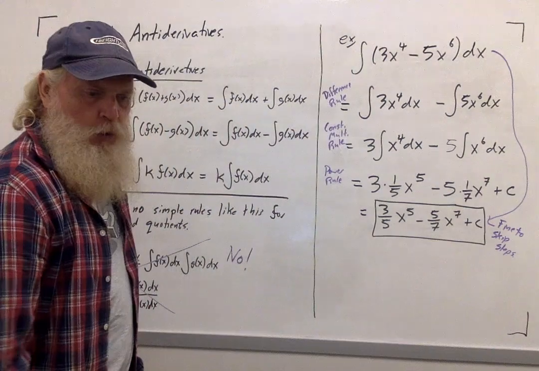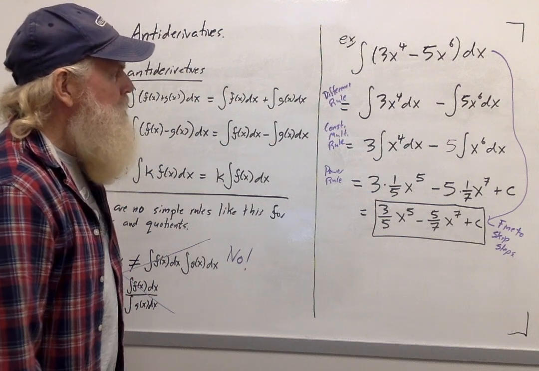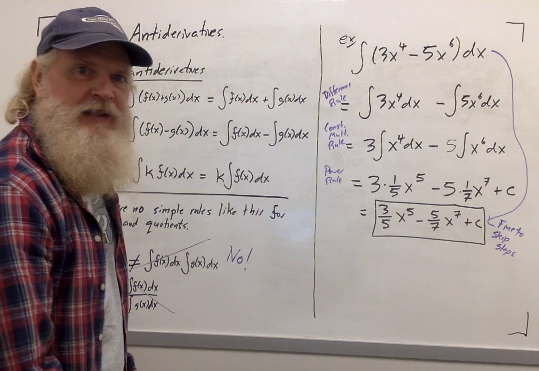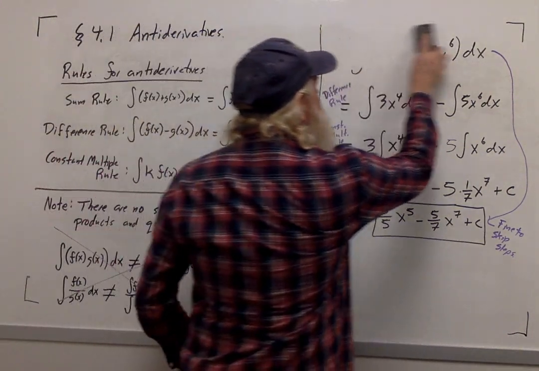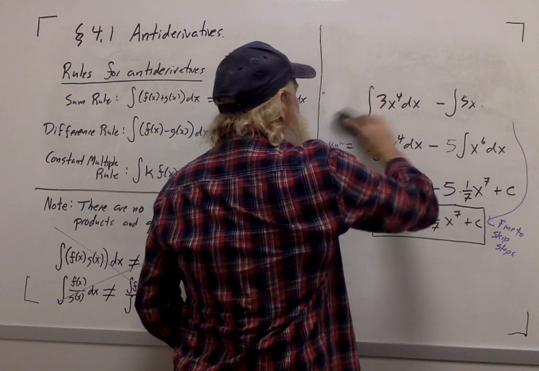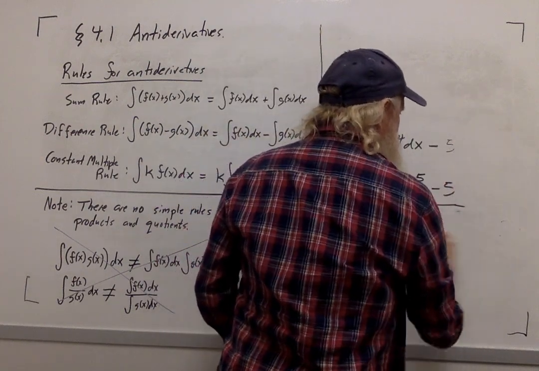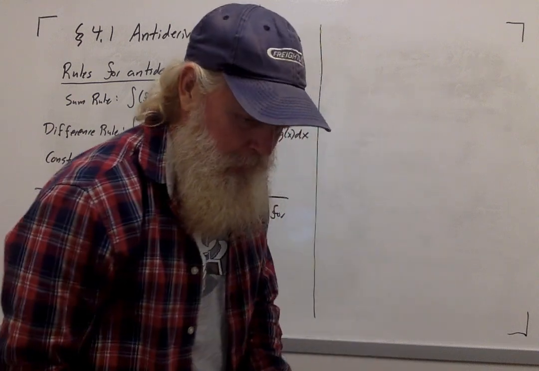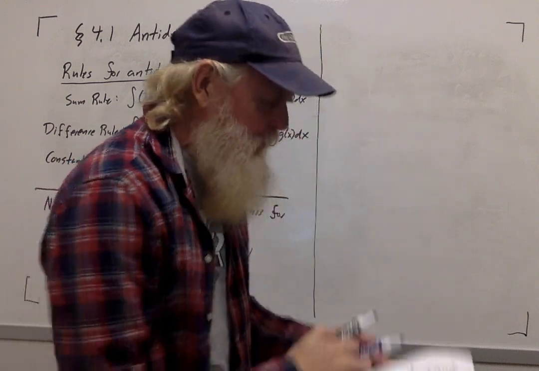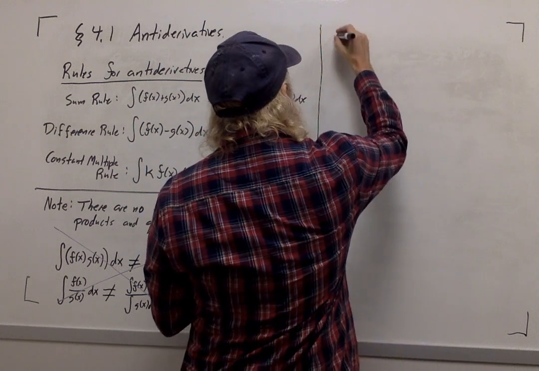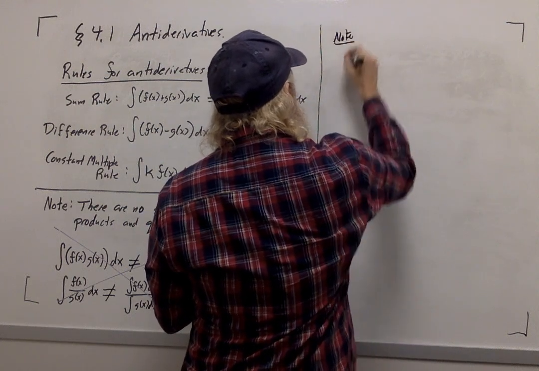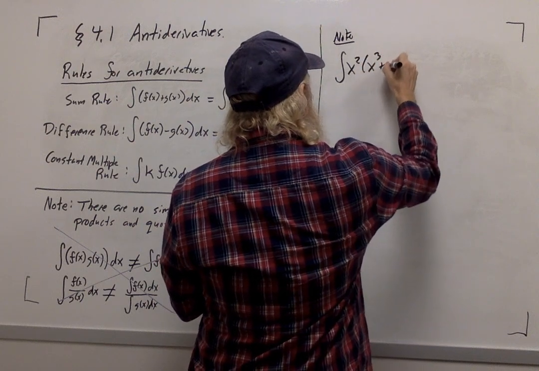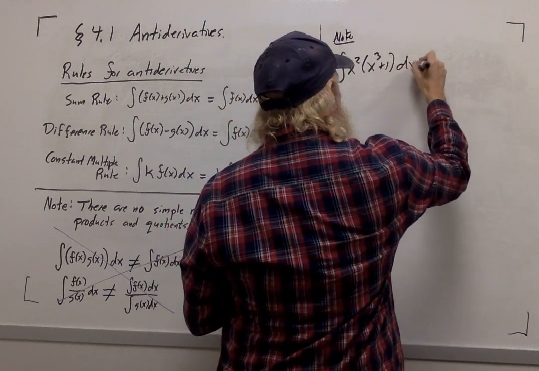Now let's look at a couple more examples. Write this down real quick if you need to. Pause the video. I'm going to erase it. Let's look at the integral of x squared times x cubed plus 1 dx.